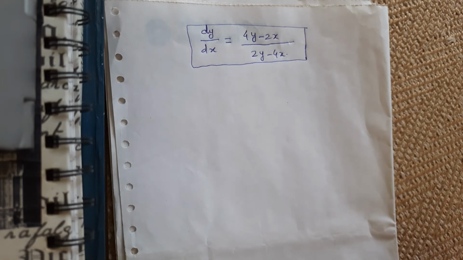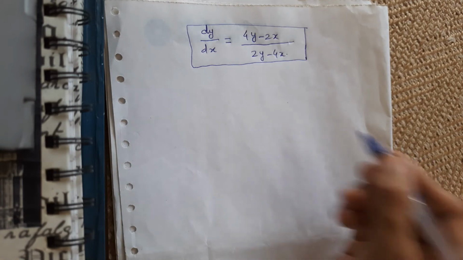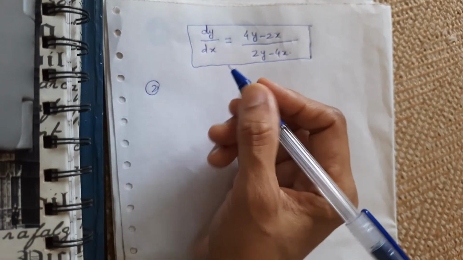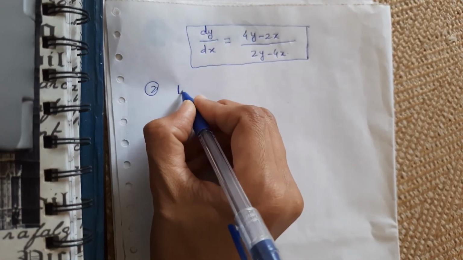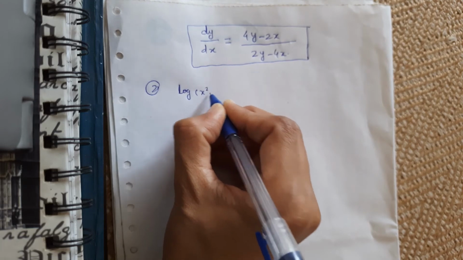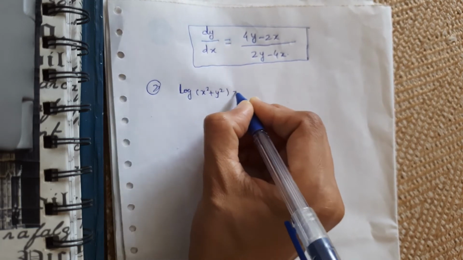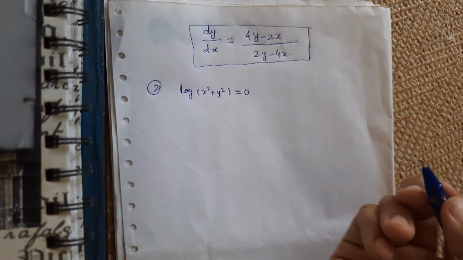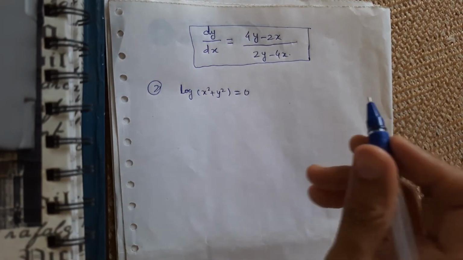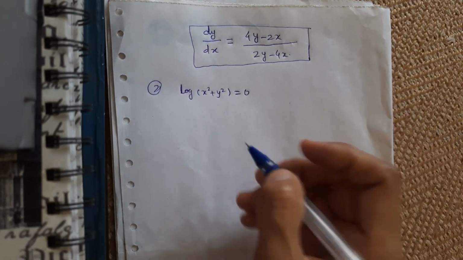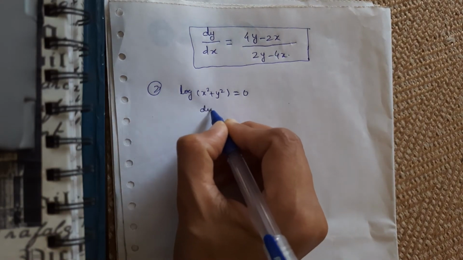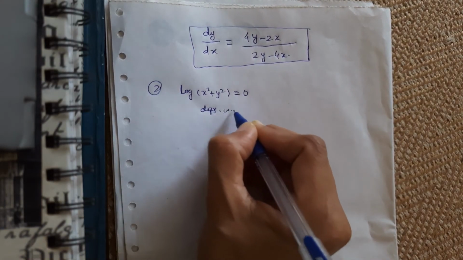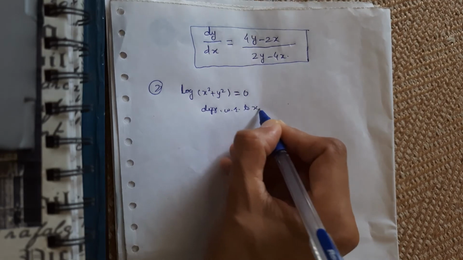Next example that we are going to solve is find derivative of log of x square plus y square equal to 0. Okay, so again this is an implicit function because x and y are not separated here. So I will just differentiate directly with respect to x.